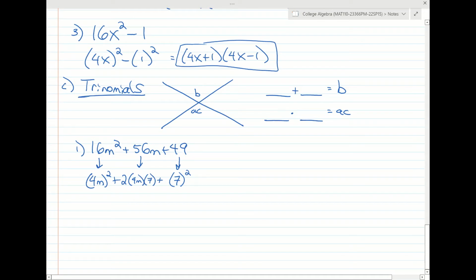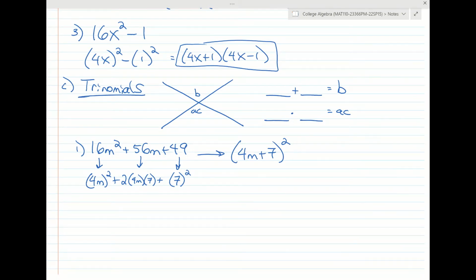We talked about this as the optional special case that you guys don't really have to remember. You could have done this using that AC factoring technique we talked about. But if you could recognize that, it's a little bit easier. And we just say this is 4m plus 7 to the second. Like I said, you could have also done this using the x technique, and you would have got 4m plus 7 times 4m plus 7.